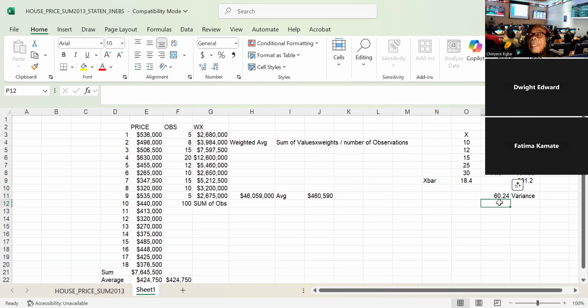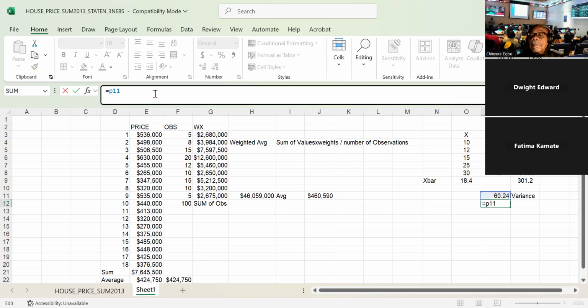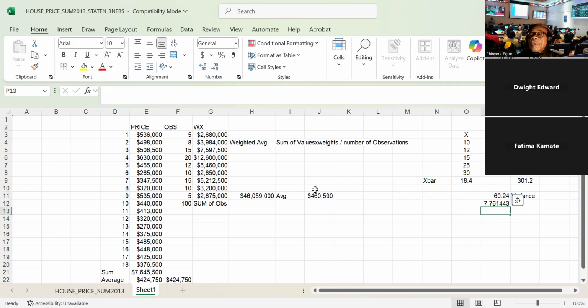That is the variance. And then we take the variance and take the square root of the variance, which is equals to the power 0.5, which is the square root. And so the standard deviation is 7.7. Okay, so I'm going to stop here.